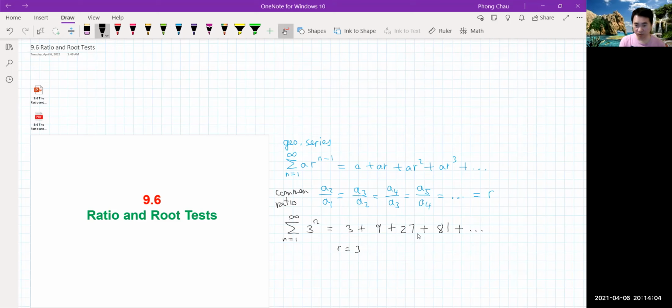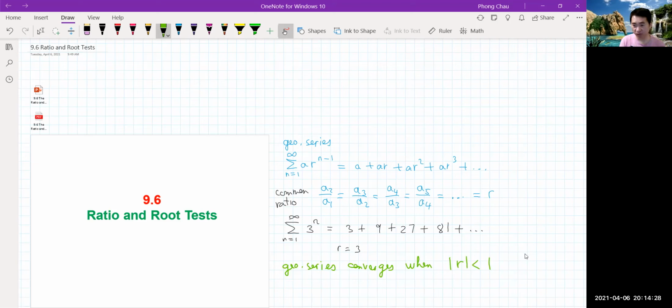Recall in a geometric series, when does the series converge? The series converges when the absolute value of r is less than 1, right?